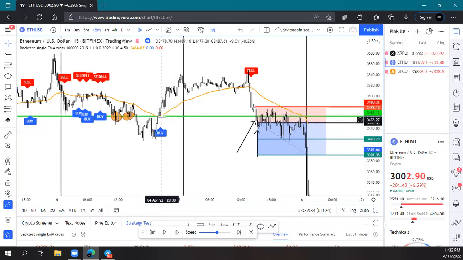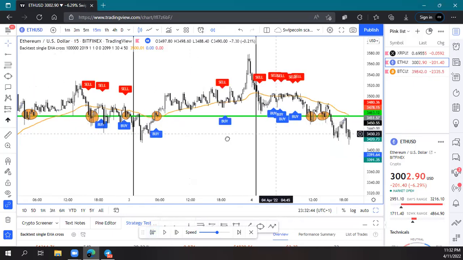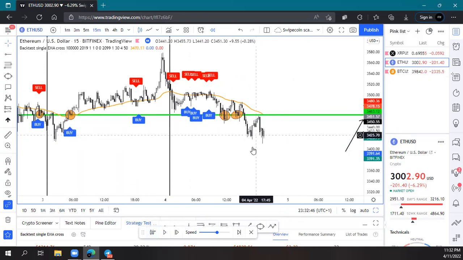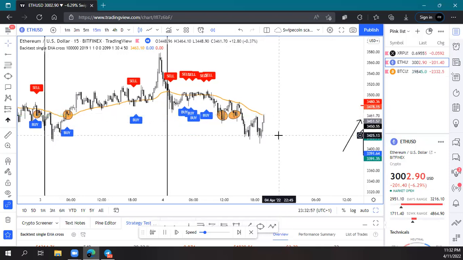So if we were to take this buy example, this is what we would have done, right? So I'm going to also replay for the buy. So let's go back, let's replay for the buy. So let's say we actually got the buy indication here, right? Let's assume we didn't mark up this floor, right?